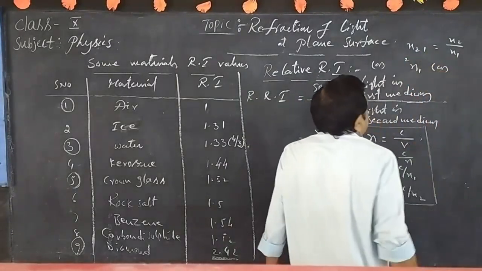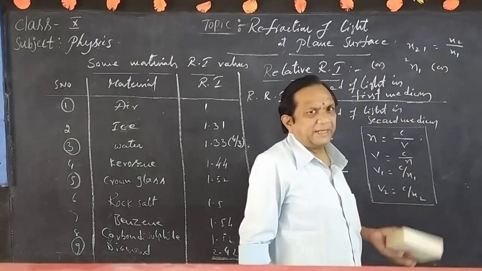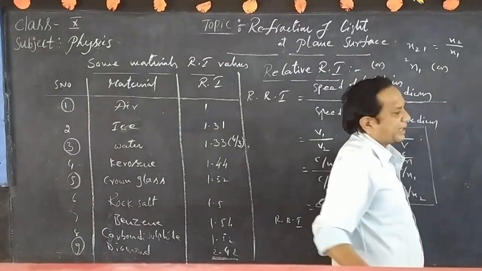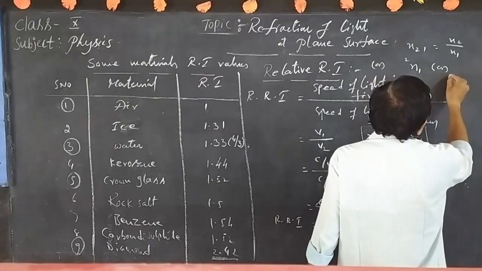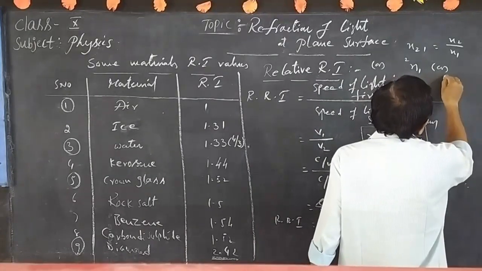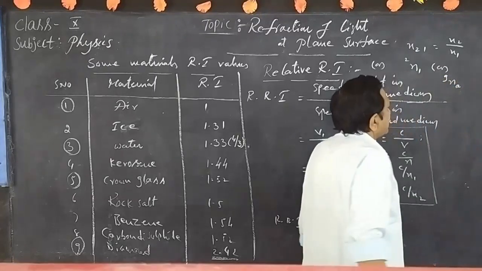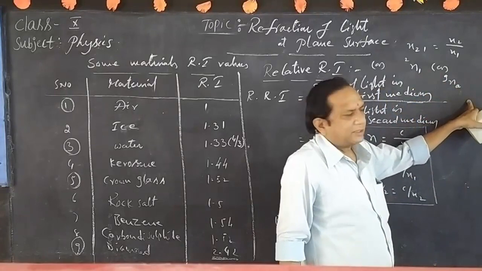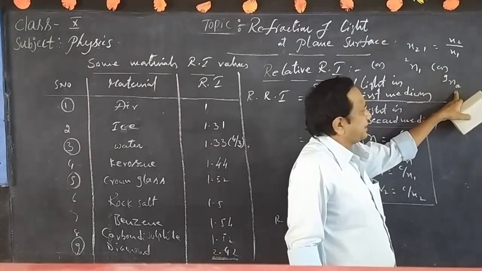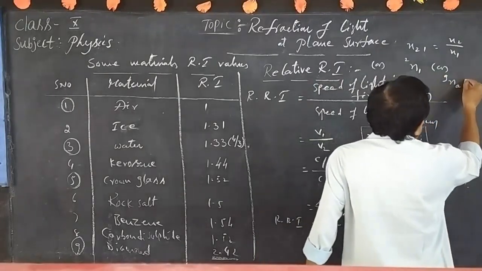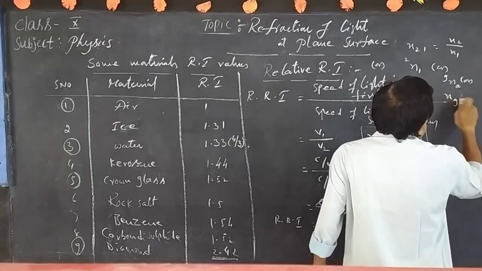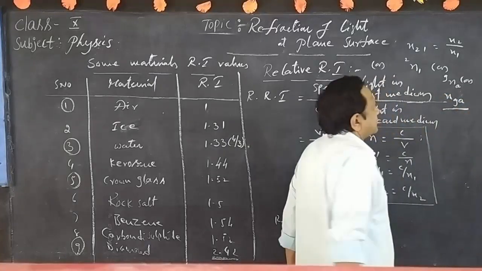Or otherwise, instead of writing the medium's name, for glass and A, for example, we write glass as G and the other as A. So the relative refractive index of glass with respect to A is written as N G A, or just like that.